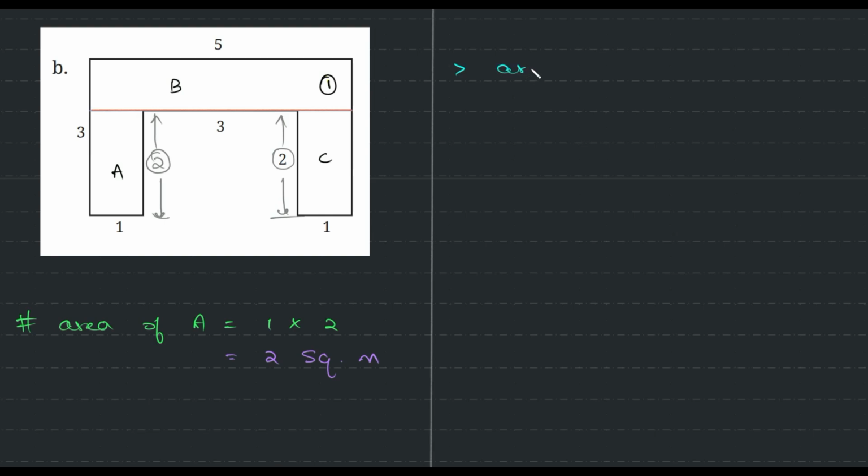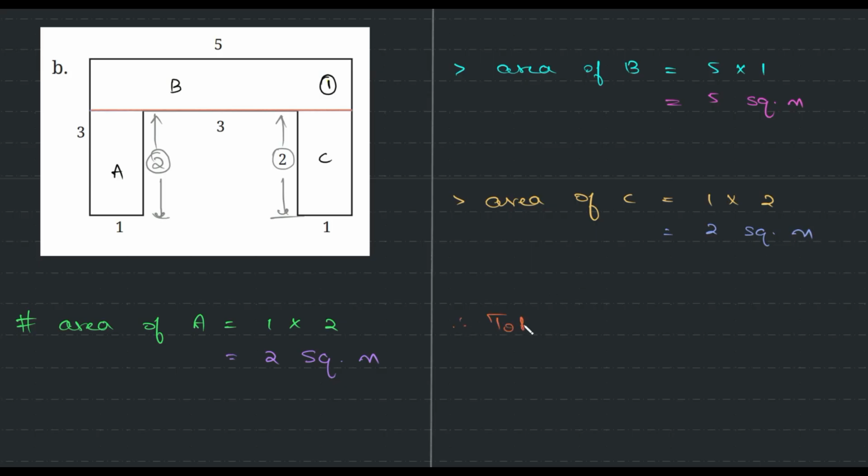Then area of B, length is 5 and width is 1. So this is 5 square meter. Then area of C, length is 1 and width is 2. So this is 2 square meter.